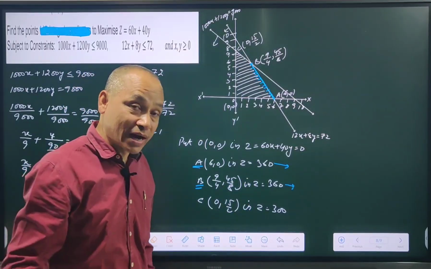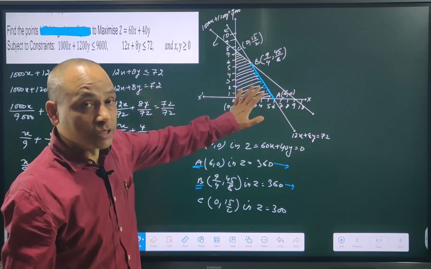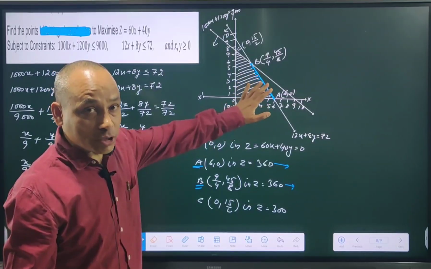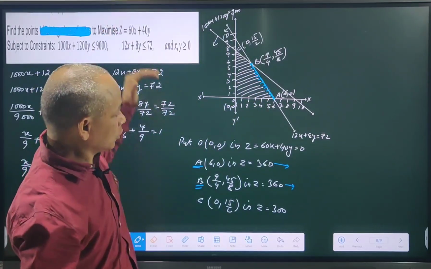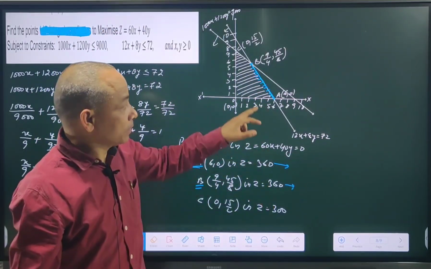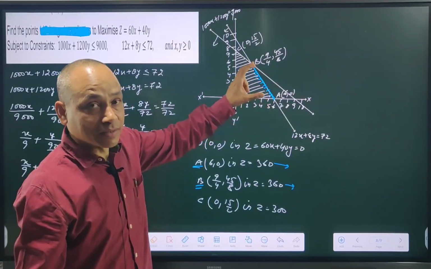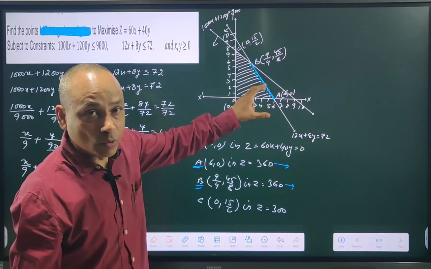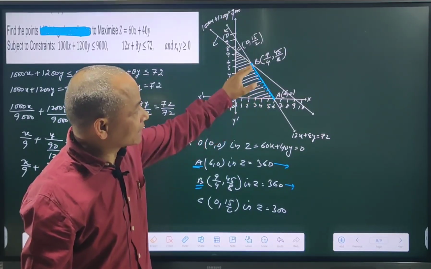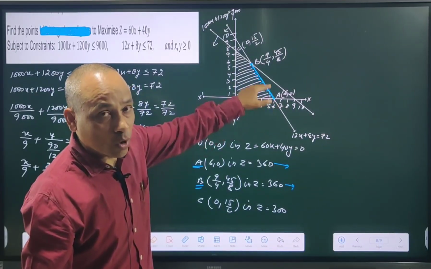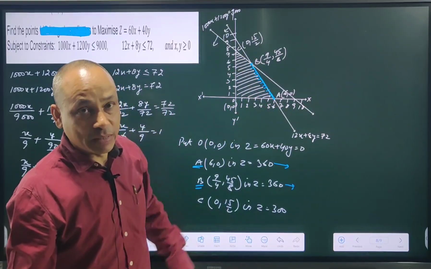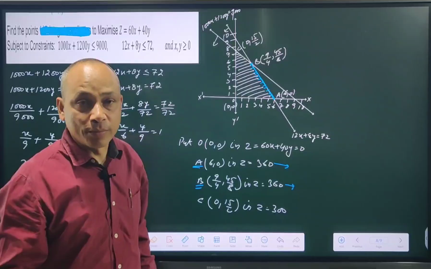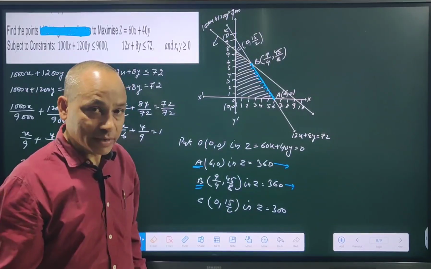So how many points are there in this feasible region at which Z will have the maximum value of 360? Because at A and B, Z attains the same maximum value, not only at these 2 points, but on the whole line segment joining A and B, the maximum value of Z will be the same, that is 360.